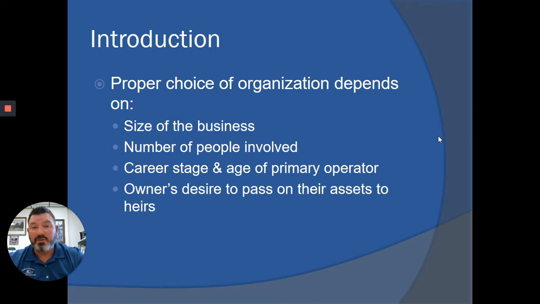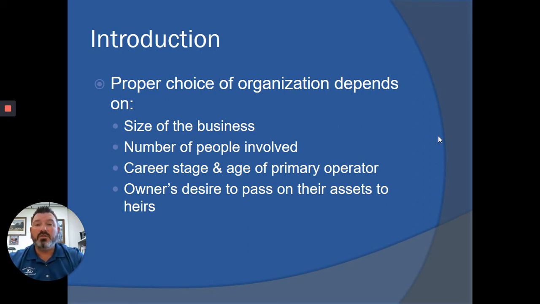So really, how do you decide what your organizational structure should be? Some of it is, of course, influenced by size. The larger the farm business, there are some potential advantages to going to a different organizational structure, but it's not required. Occasionally, the number of people involved helps influence what your organizational structure should be. Career stage and age of the primary operator certainly can have some influence as well.